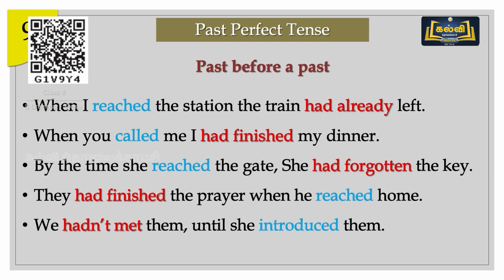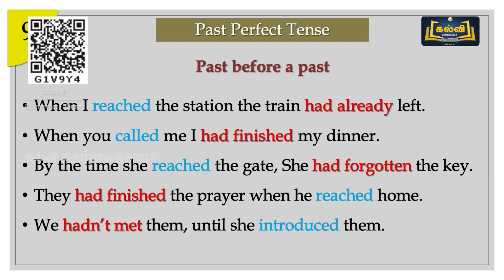By the time she reached the gate, she had forgotten the key. So she was not aware that she was carrying the key with her. So she reached the gate, second action. She had forgotten the key, that is the first action. And look at the last sentence.